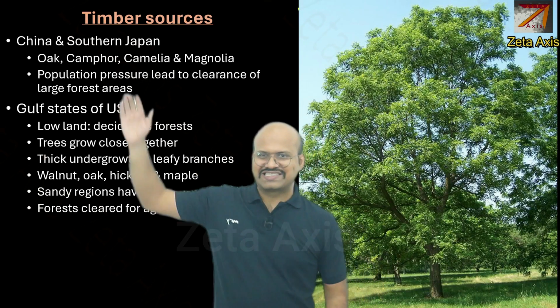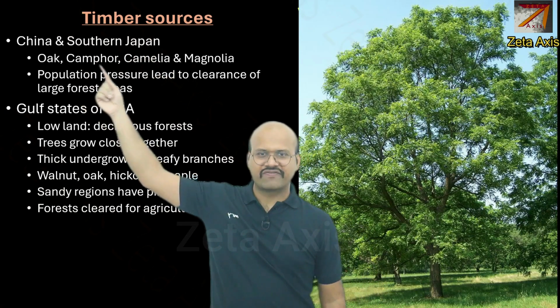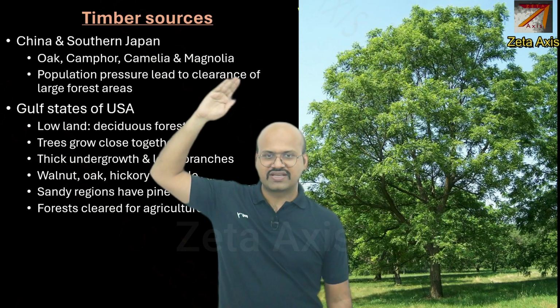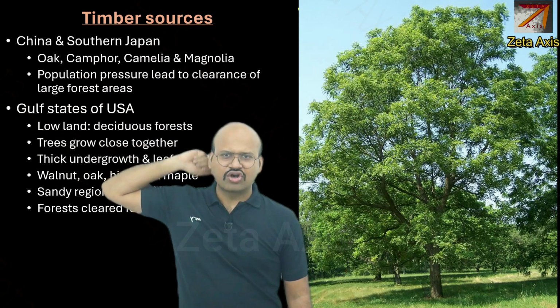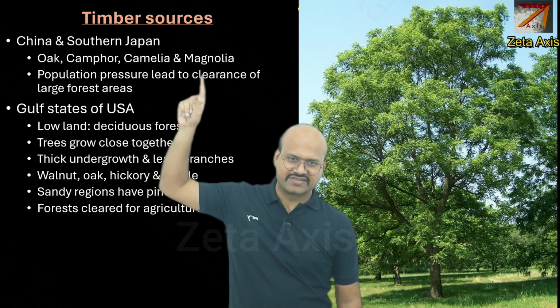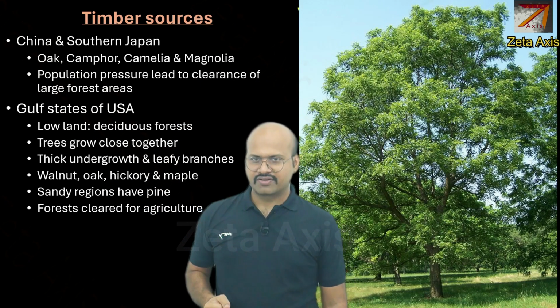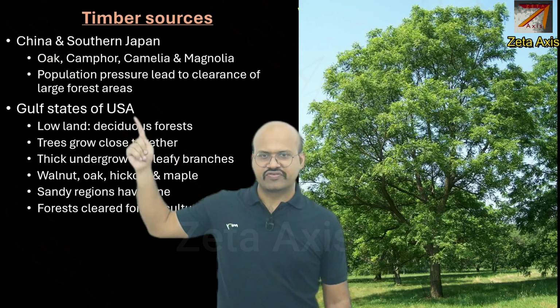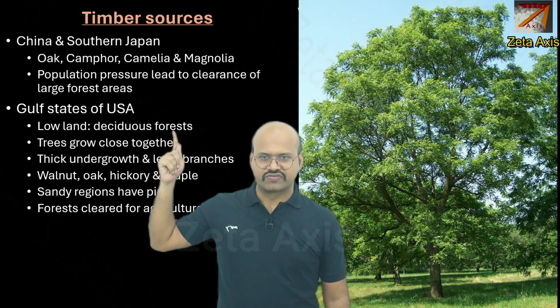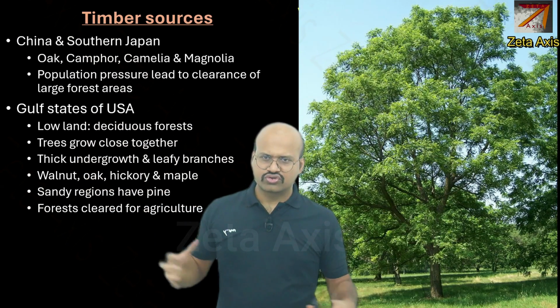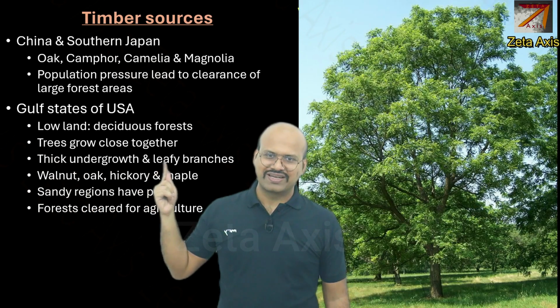Timber resources in China and southern Japan include oak, camphor, camellia and magnolia. These are the different species. But because of higher population pressure in this region, a large part of the vegetation here has been cleared for farming. Similarly, in the Gulf states of USA, the lowland has deciduous forest. Trees grow close together and there is thick undergrowth and leafy branches.